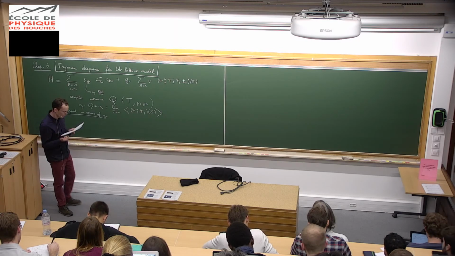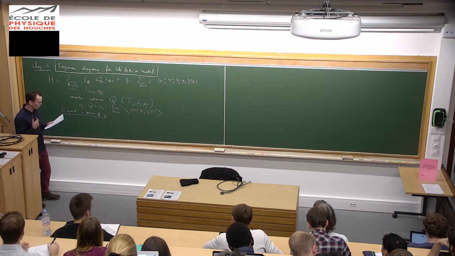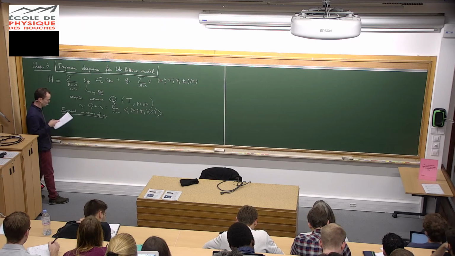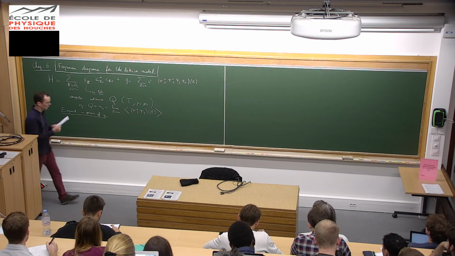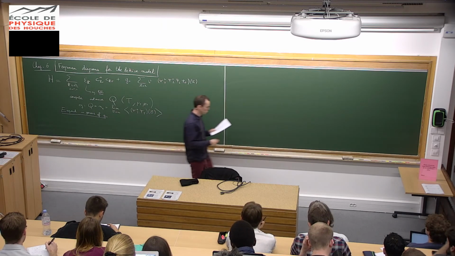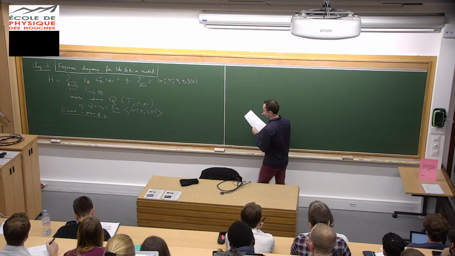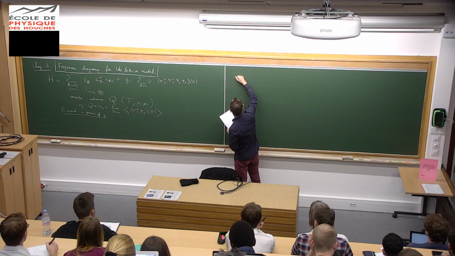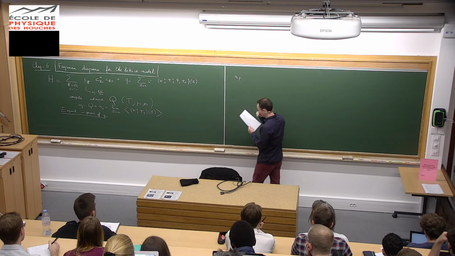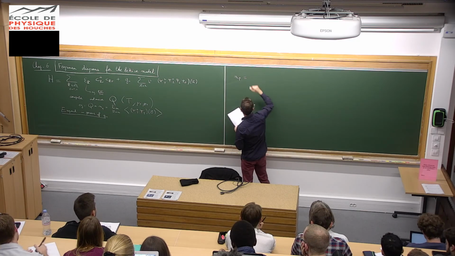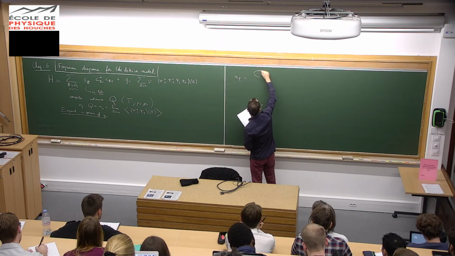It's just a convenient trick to represent this expansion. So to show you how it works, let me just start by drawing the Feynman diagrams for this quantity, for the density. So the lowest order Feynman diagram looks like this.